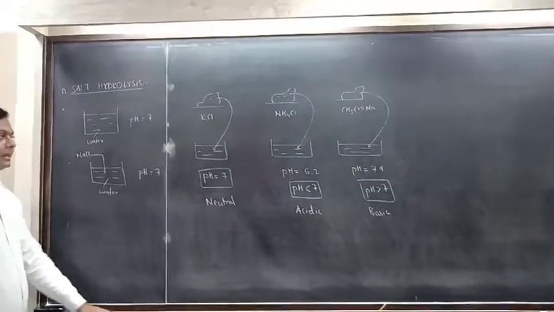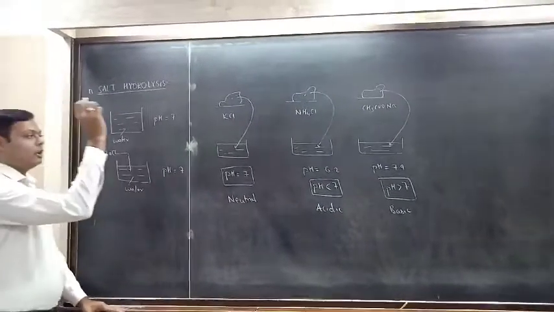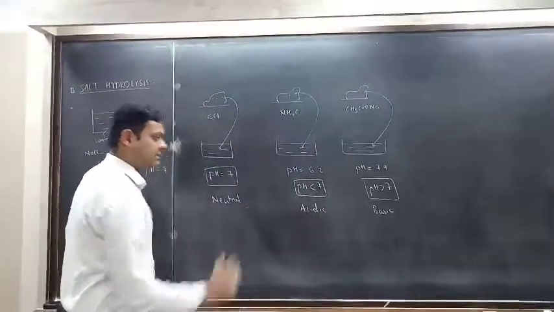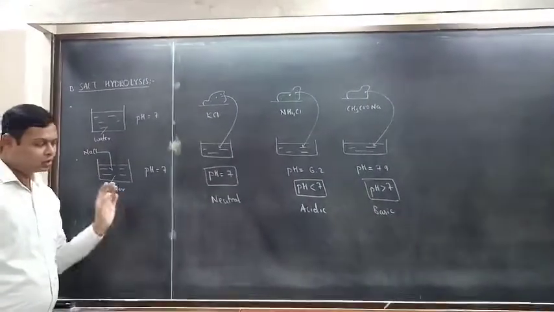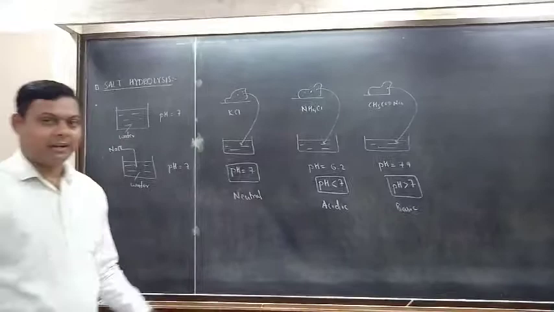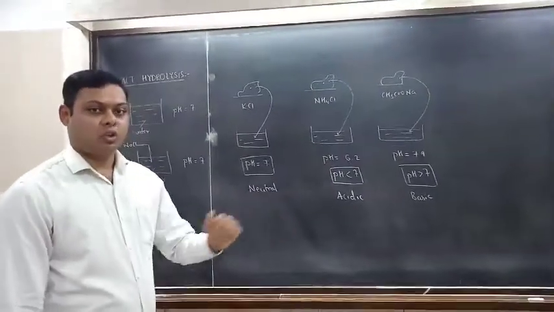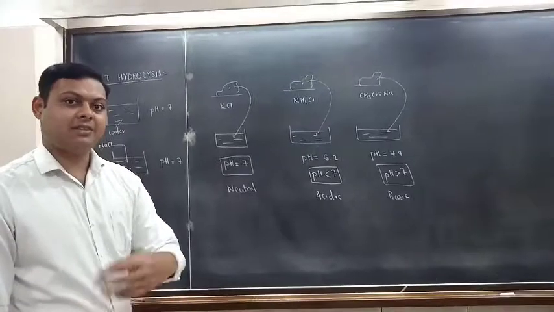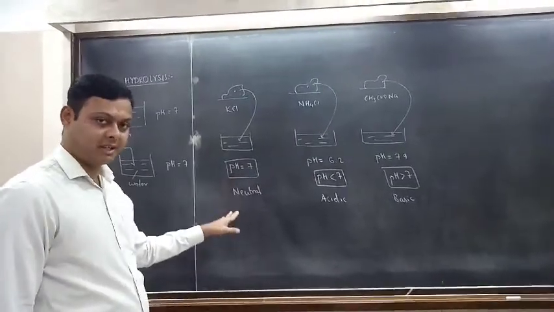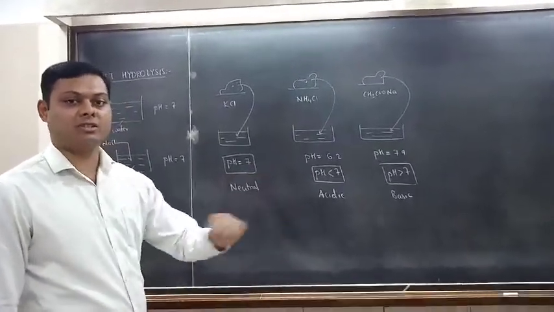Now, let's understand the concept of salt hydrolysis, that is, its chemistry. What exactly is salt hydrolysis? Salt hydrolysis is when we take water and add salt to it. If that resultant solution has a pH different from 7, then we say that salt hydrolysis has occurred.